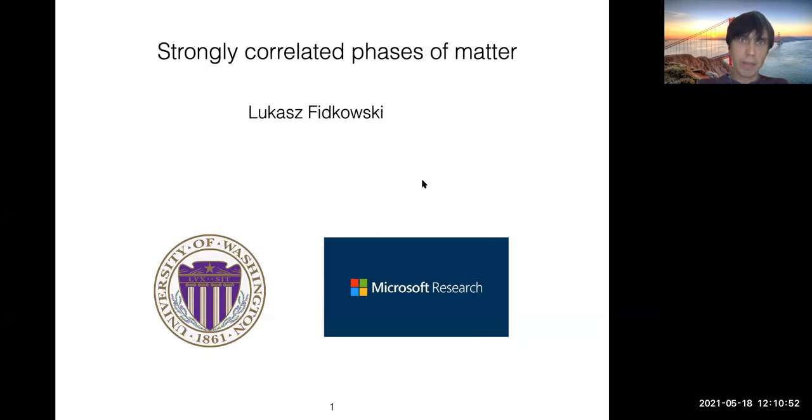Roughly speaking, the main idea of this talk is that while for free fermion systems there's a wealth of techniques and really a rigorous framework for understanding them, for strongly correlated phases of matter, which I'll define in a slightly more precise sense, there really isn't such a rigorously developed framework.